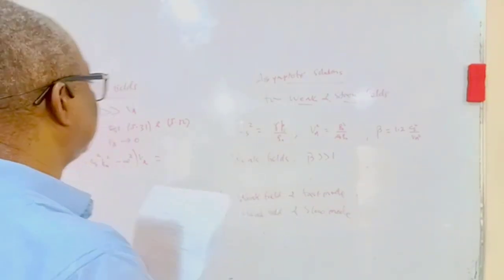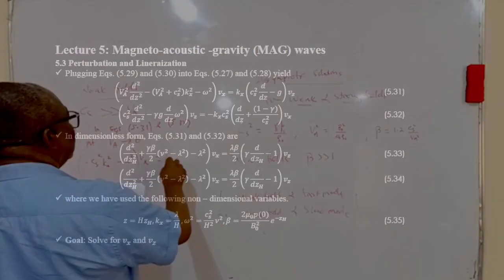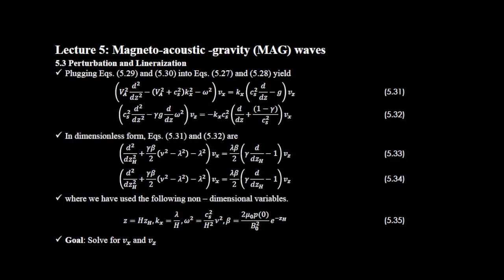That will give us kx into cs squared d by dz minus g into Vz. That's the first thing you will get, is it not?